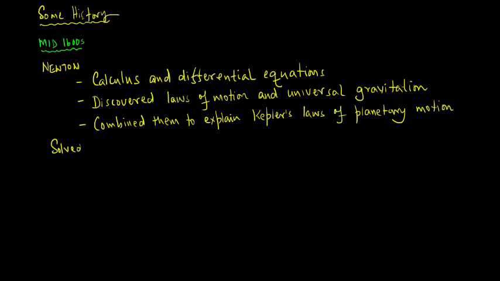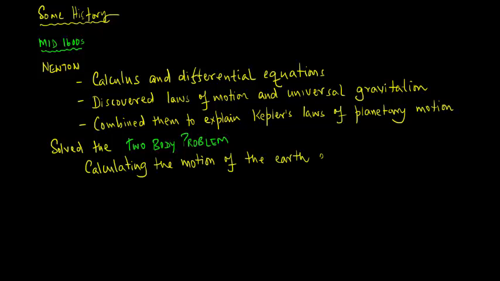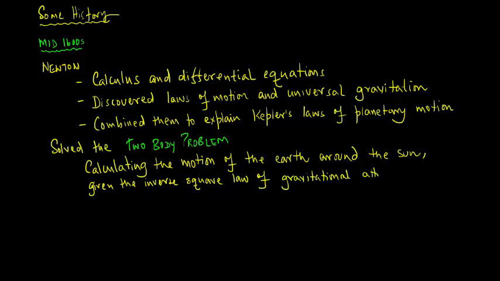Now essentially what he did was solve the two-body problem, which is calculating the motion of the Earth around the Sun given the inverse square law of gravitational attraction between them.